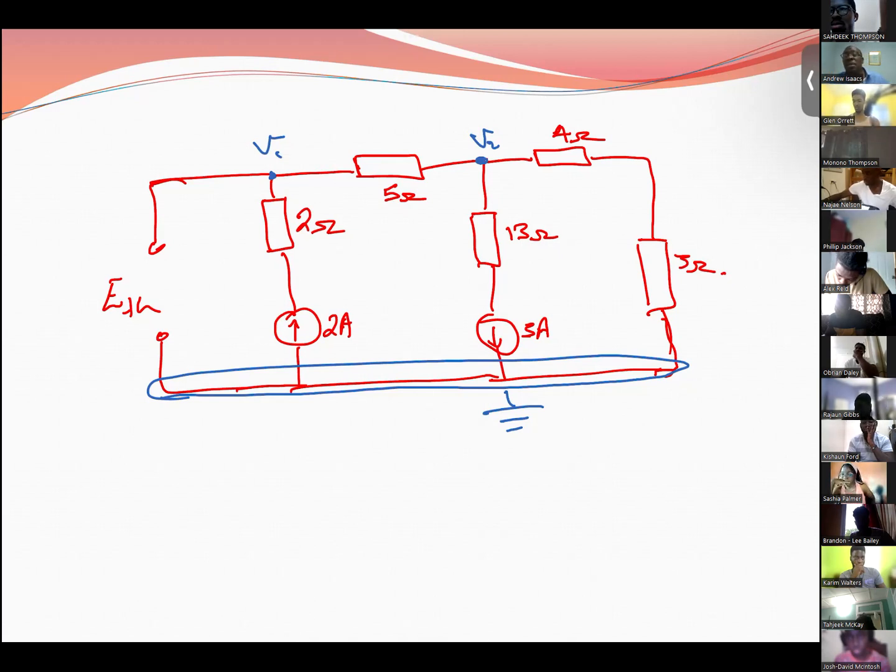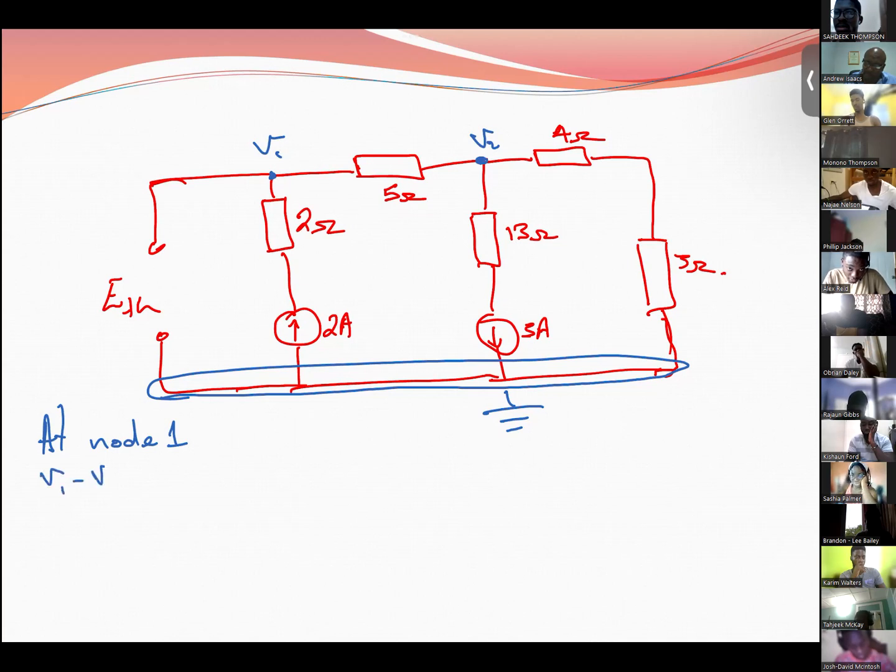All right, so Mr. Reed, I'm going to stick with you. Let's have the equation. So at node 1, 0 is equal to -2 amps, and V1 minus V2 over 5.